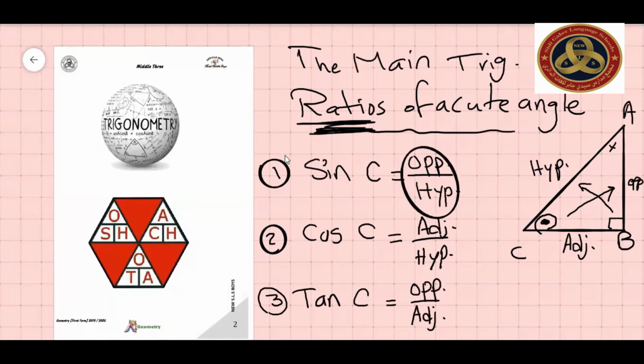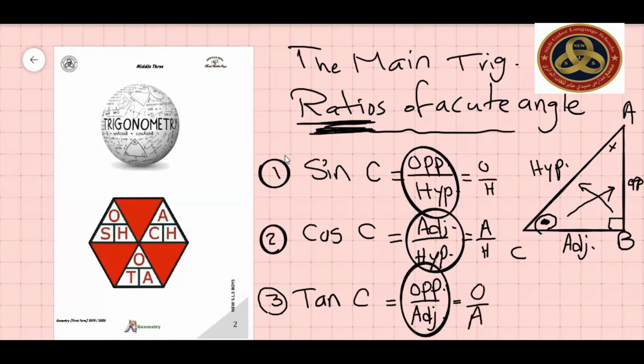The sine is opposite over hypotenuse, or O over H in short form. The second one, the cosine, is adjacent over hypotenuse, or A over H. The third one, the tan, equals opposite over adjacent, or O over A.